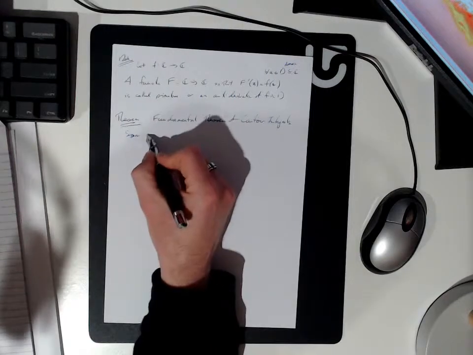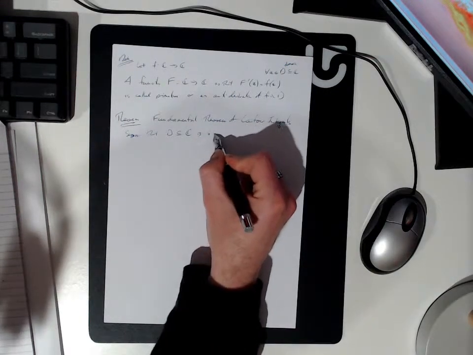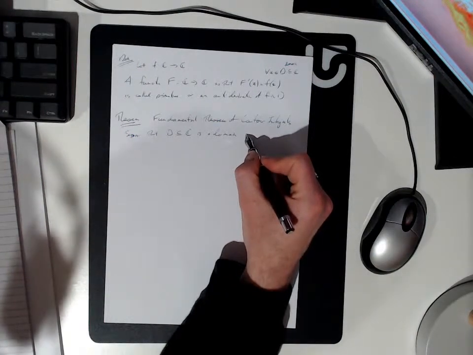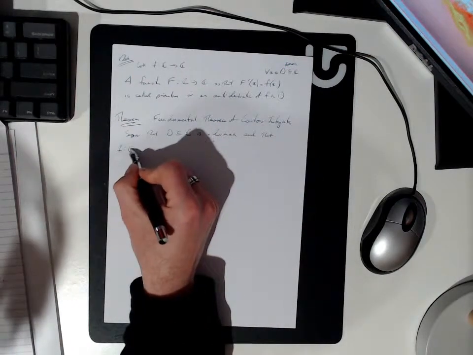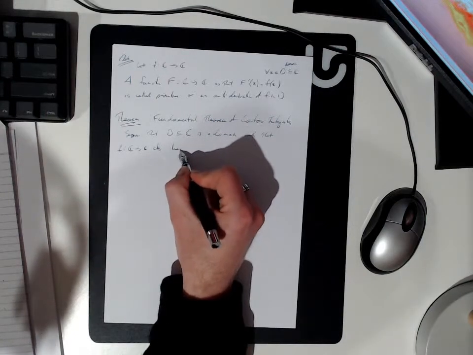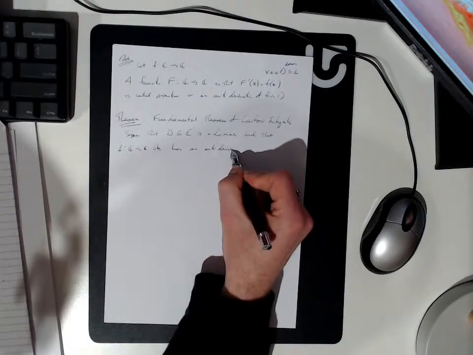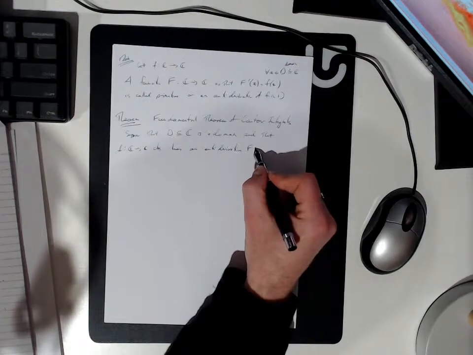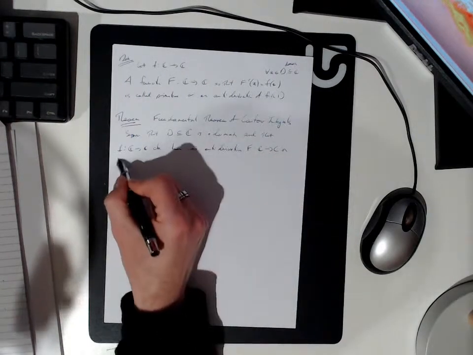Suppose that D subset of C is a domain, and that f, a function from C to C, which is continuous, has an antiderivative F, a function from C to C, on D.